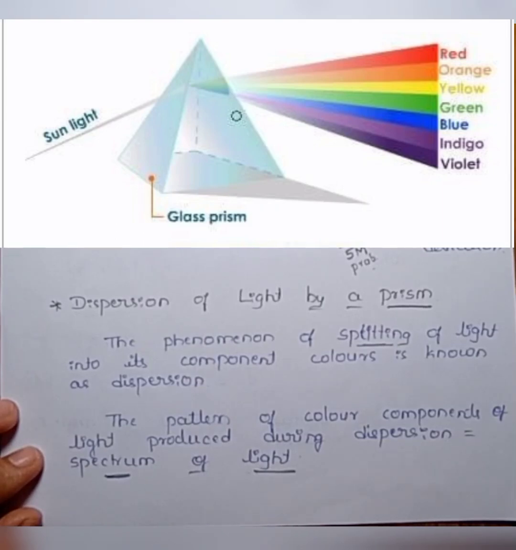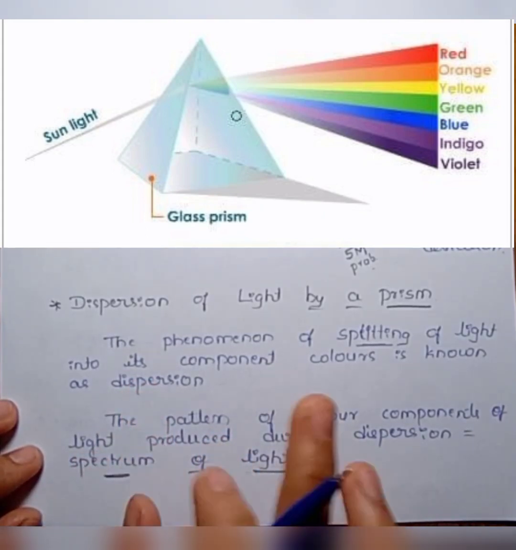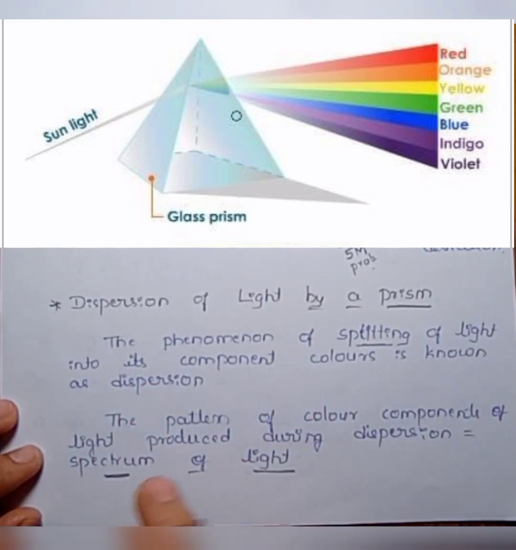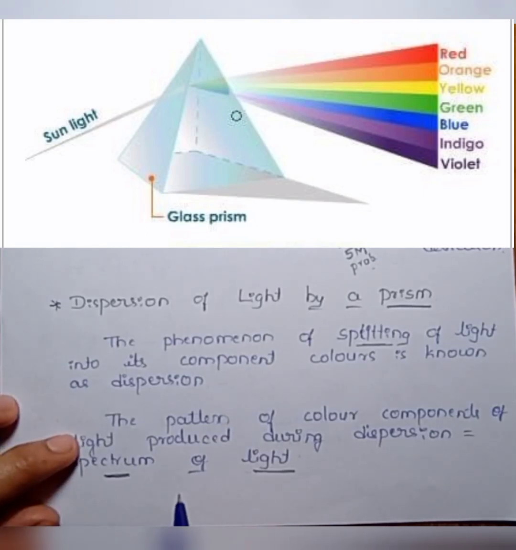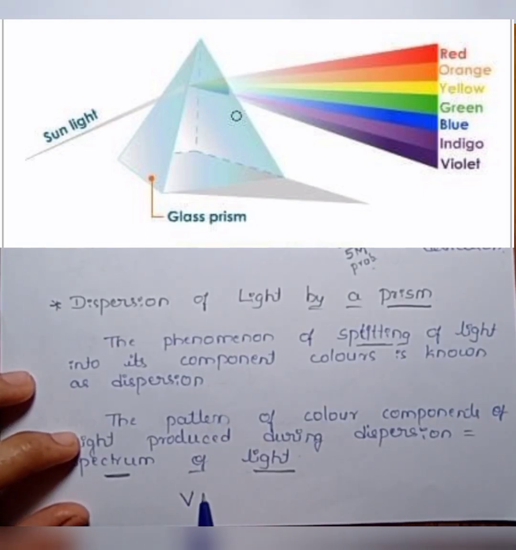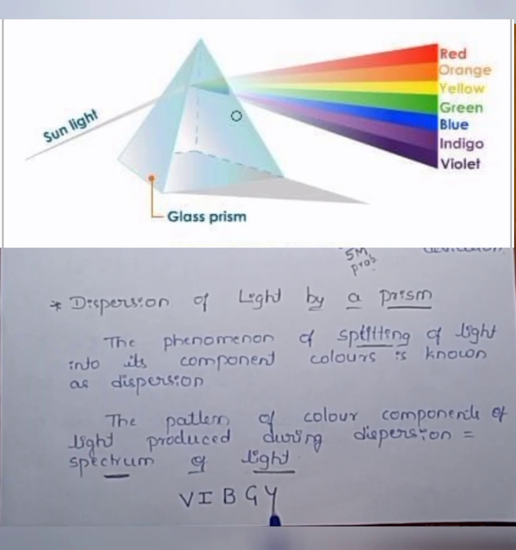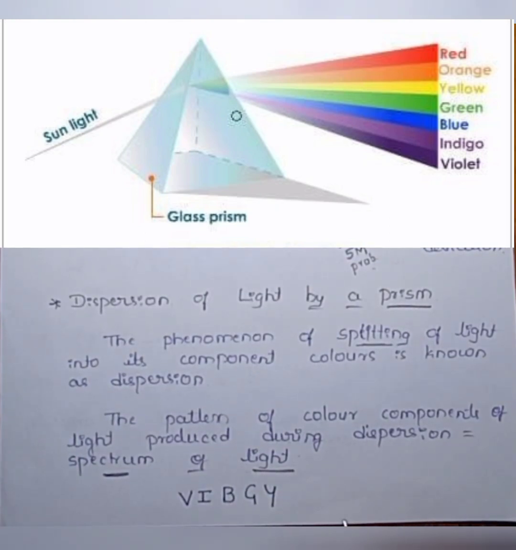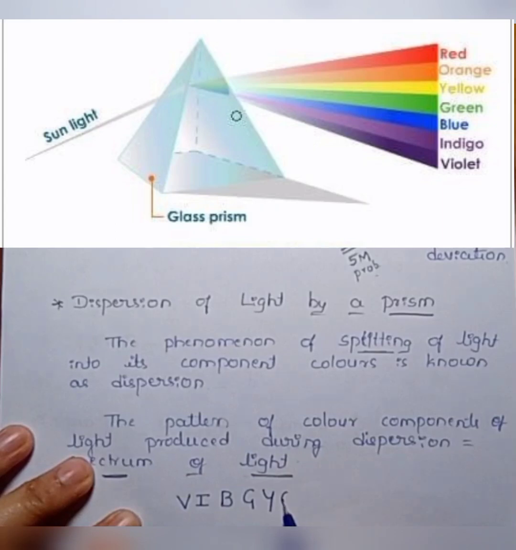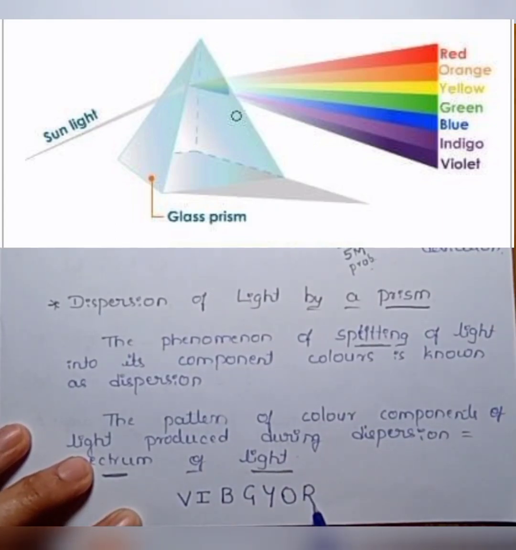Now, how does dispersion take place? Usually dispersion takes place because the refractive index of a medium is different for different wavelengths. When white light undergoes dispersion through a prism, the colors obtained are in the sequence of violet, indigo, blue, green, yellow, orange and red.